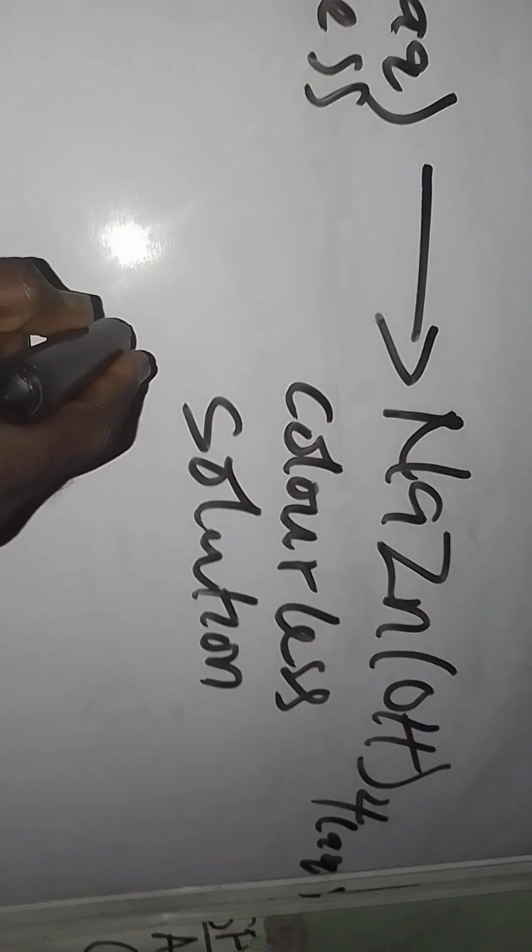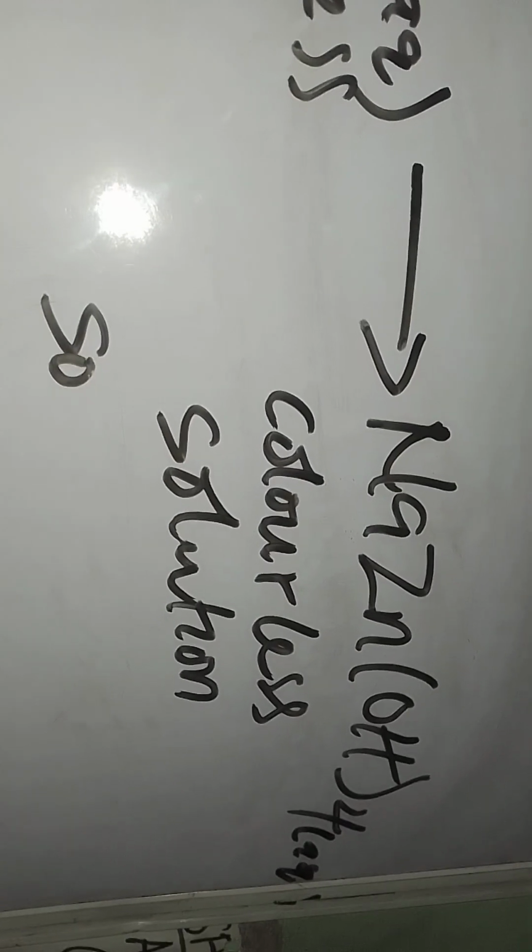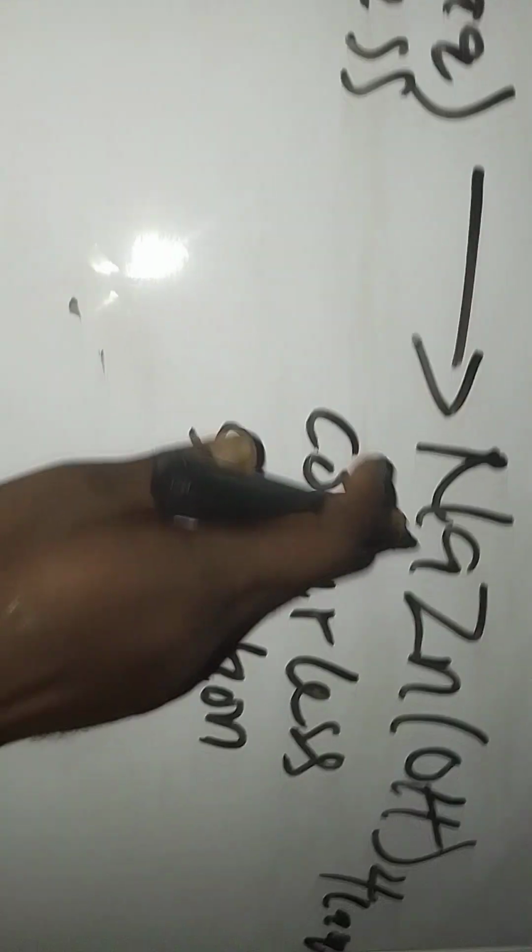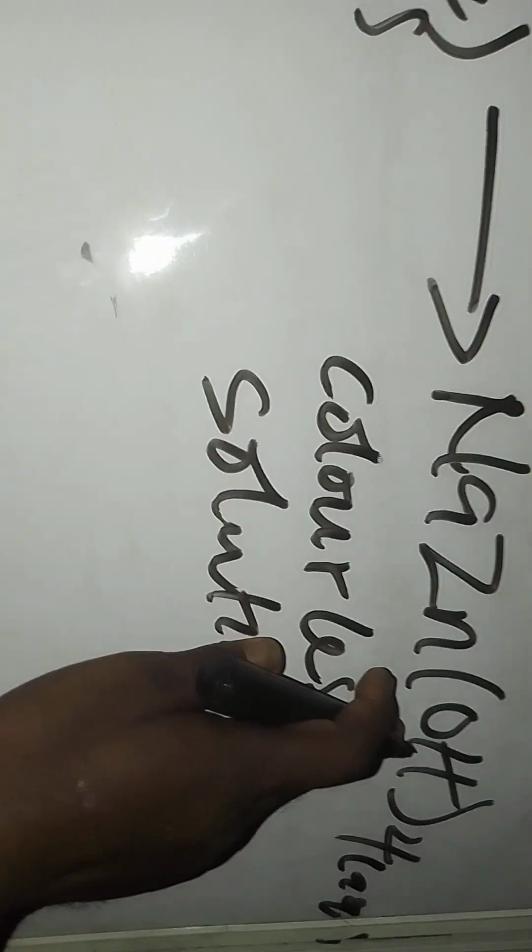And the name of this salt is sodium tetrahydroxozincate 3. It's a complex salt. So take note of that. That is that about that.